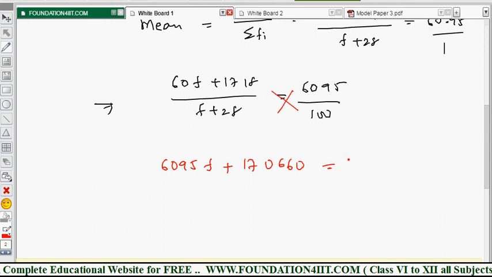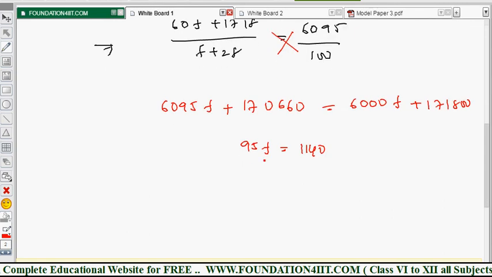And multiplying the other side, 6000f, because 100 into 60f, and 171800. Take the f terms to one side: 6095 minus 6000 is 95f, and 171800 minus 170660 is 1140. Just do subtractions to one side.